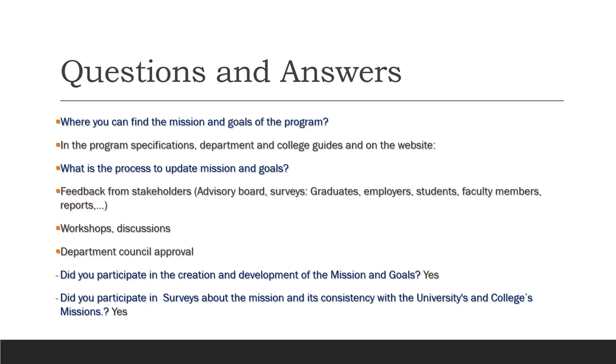Did you participate in the creation and development of the mission and goals? Yes or no, you have to answer, but I think yes, because every year you have to participate in the mission and goals survey and to show that the mission and goals are consistent with the mission of the college and institution.